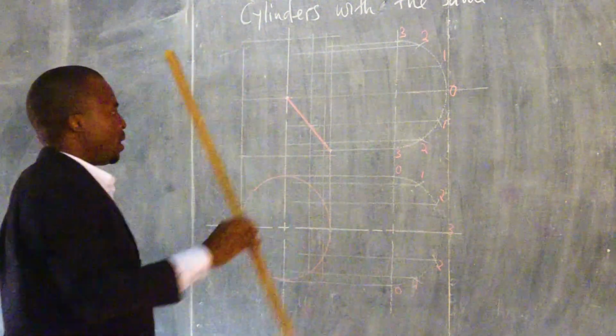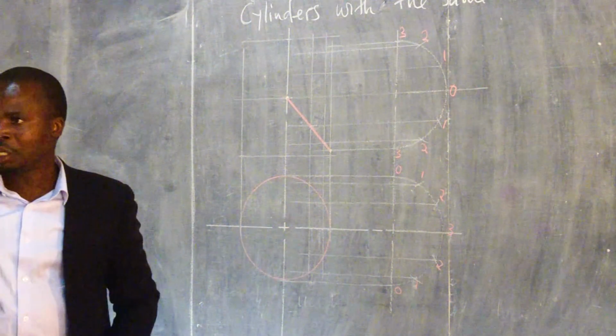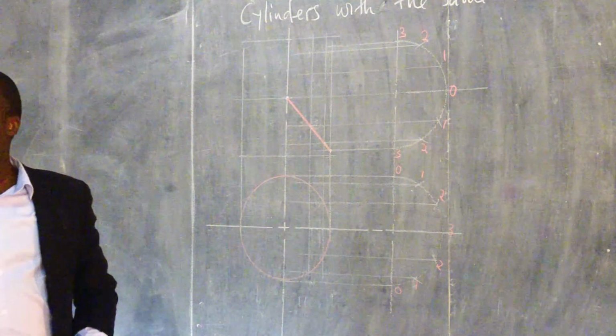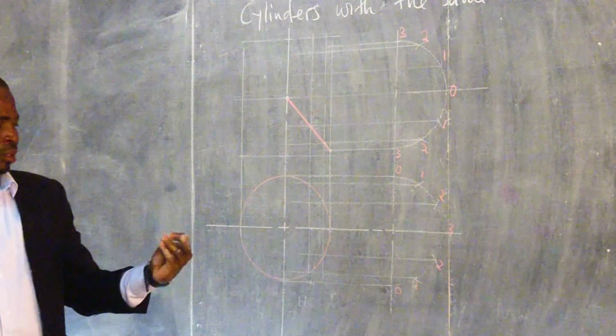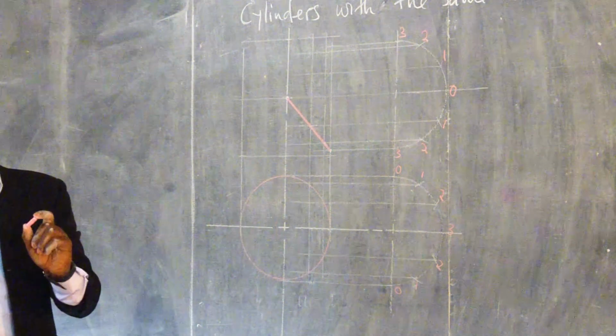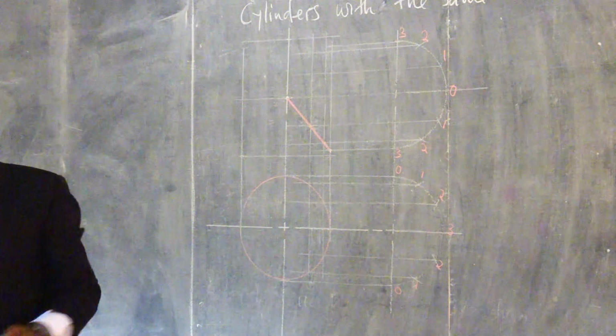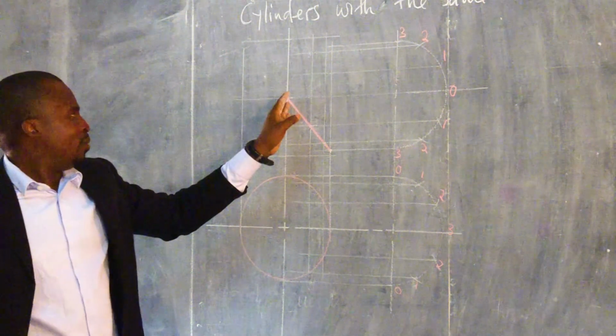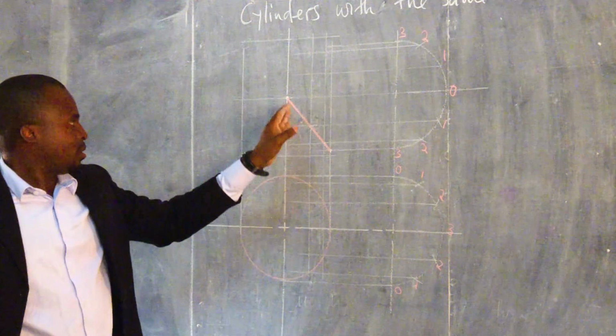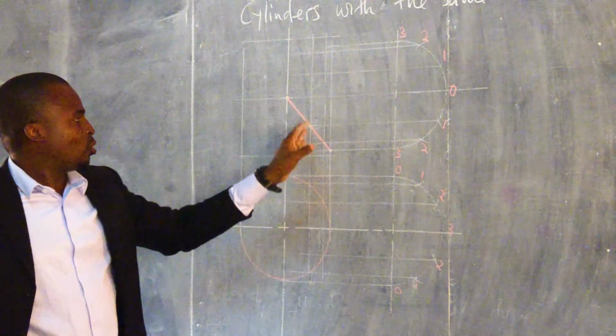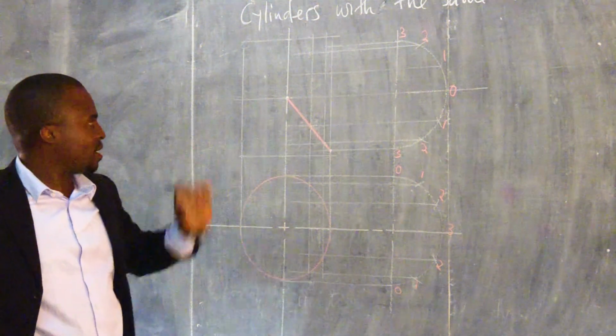To outline, I've used a different chalk. The one in white is for construction. The one in pink is for outline. So we've drawn the point of intersection between this cylinder and this cylinder.